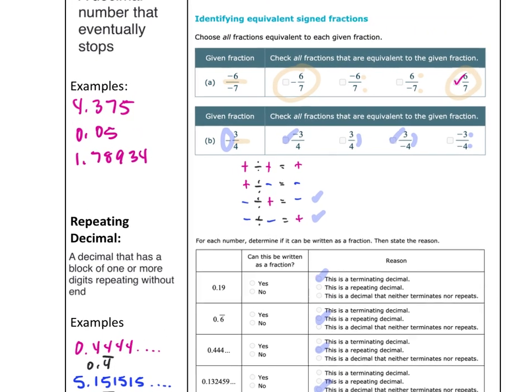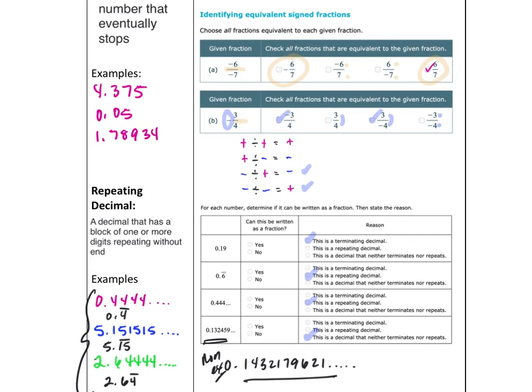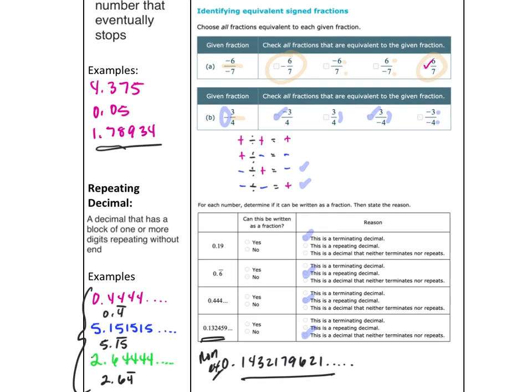Any one of these could be a non-example. This is also a non-example of a terminating decimal. When we look at this one, there's no pattern to it, but it just keeps going on and on and on. So it's not a terminating decimal like these, and it's not a repeating decimal like these.